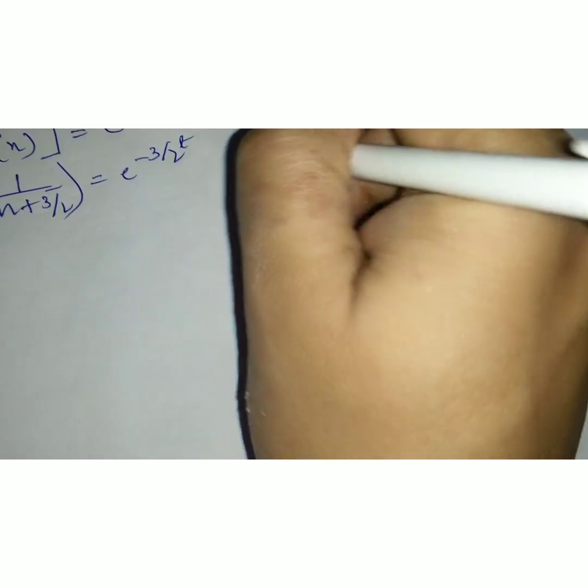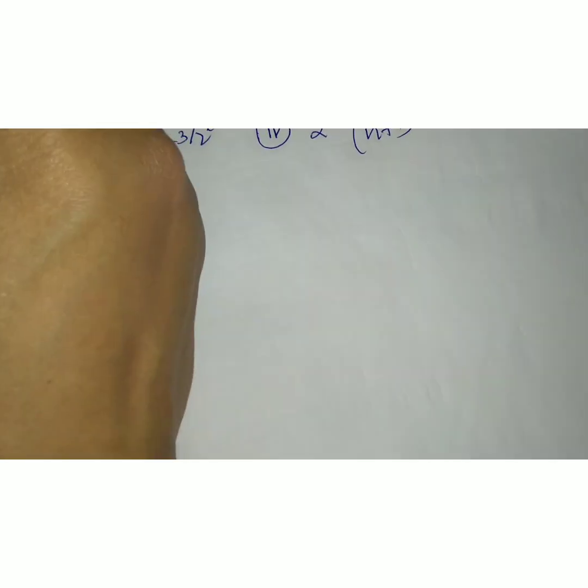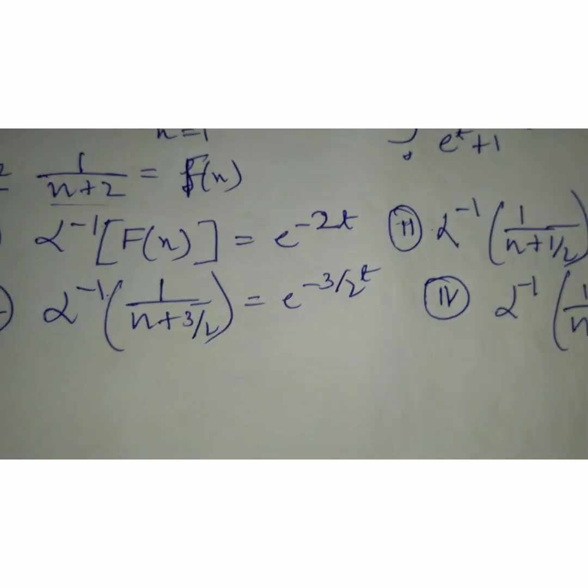And number 4, L inverse of 1 by n plus 1 is equal to e to the power minus t. This is the inverse Laplace formula. Okay friends, now I will write this formula.